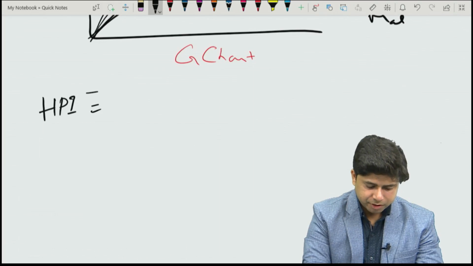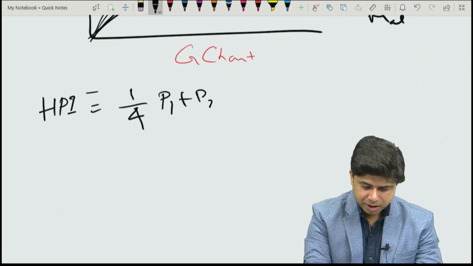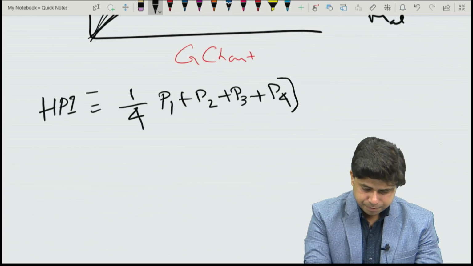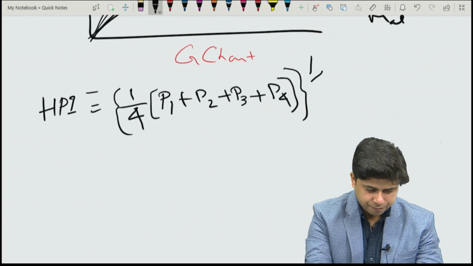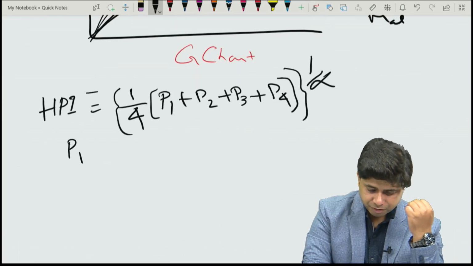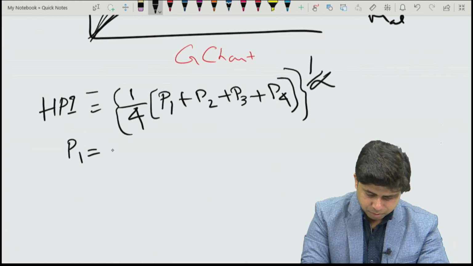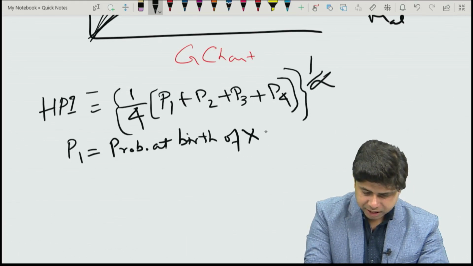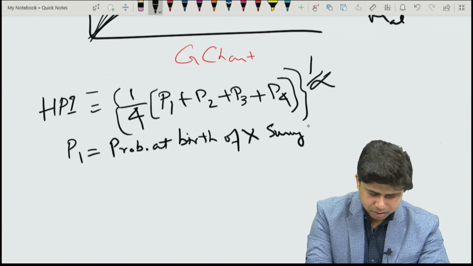HPI equals (1/4 of P1 plus P2 plus P3 plus P4) to the power of 1 by alpha. P1 is the probability at birth of not surviving to age 60.